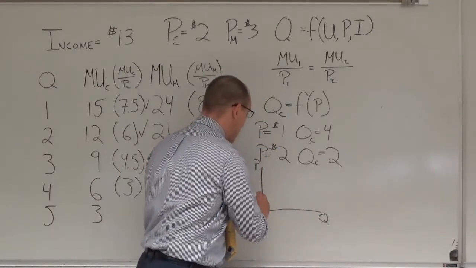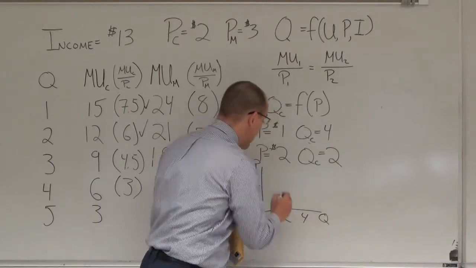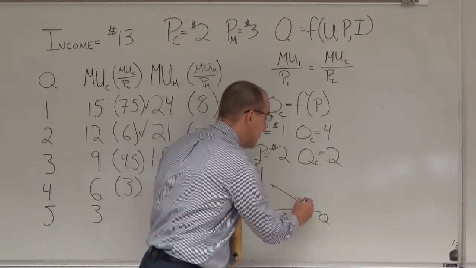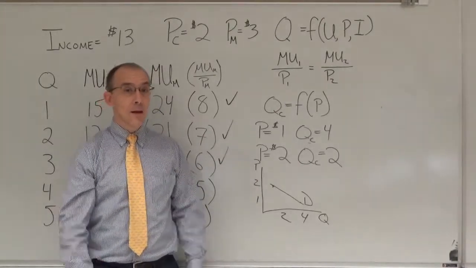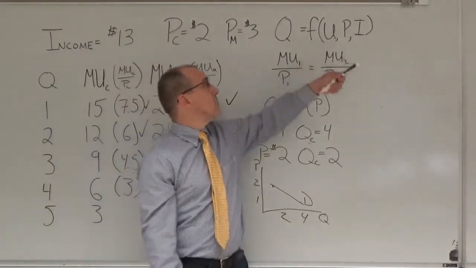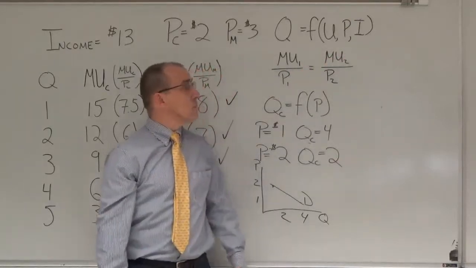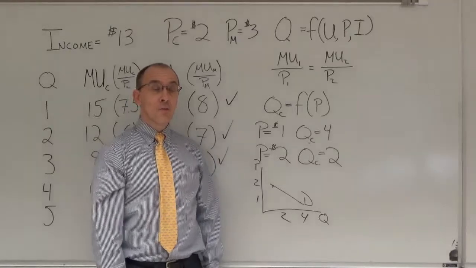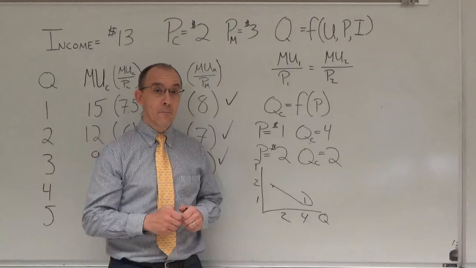Quantity and price: 1 and 2, 2 and 4. And if we connect our points here, you will see that we have figured out our demand curve for Cookie. The demand curve has come basically from 3 factors: his utility, his price, and his income. We held utility and income constant, we changed his price, and from that we could determine the relationship between the price of cookies and his demand for cookies. So that's where the demand curve comes from.